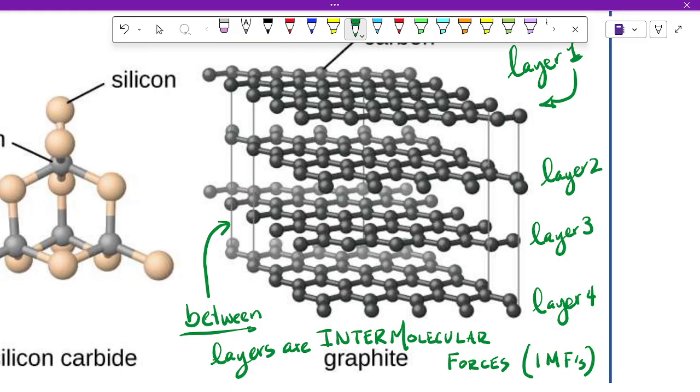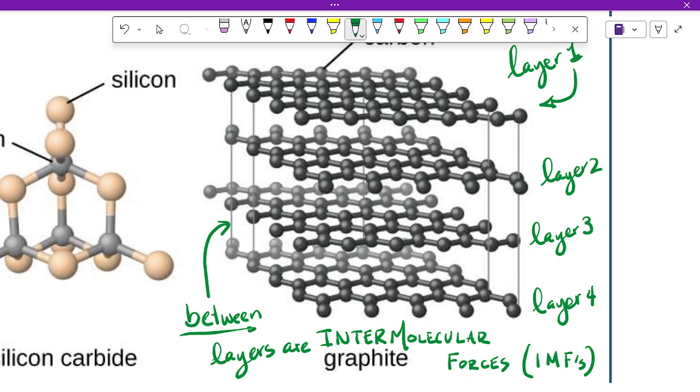Can we imagine that this is the tip of my pencil? And can we imagine that Max's desk is my piece of paper? Okay. And what I'm going to do is I'm going to now start writing on the piece of paper. Now, there will also be intermolecular forces between the layer of graphite and the paper.